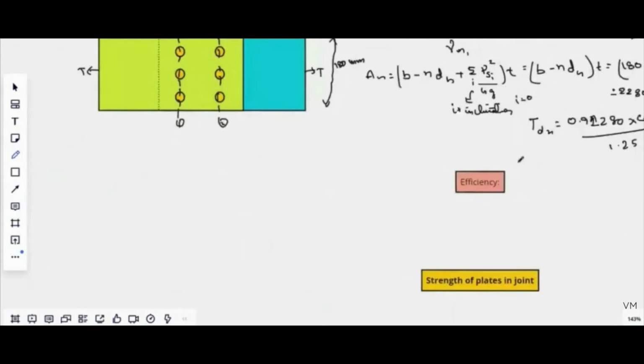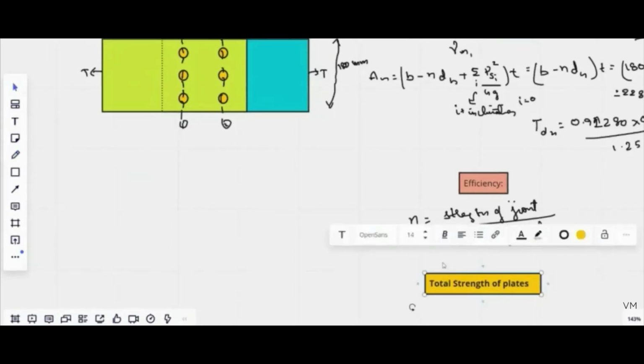Now let us calculate the efficiency, as efficiency is given as strength of joint by strength of plate.